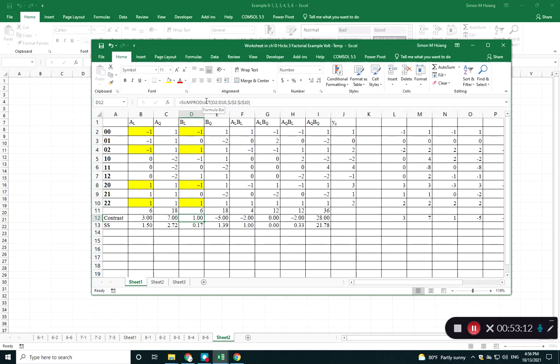But that A effect and B effect is based on what? 0 times this, or -1 times this. So in other words, when we do the contrast, 0 times whatever the observation equals what? 0, right?